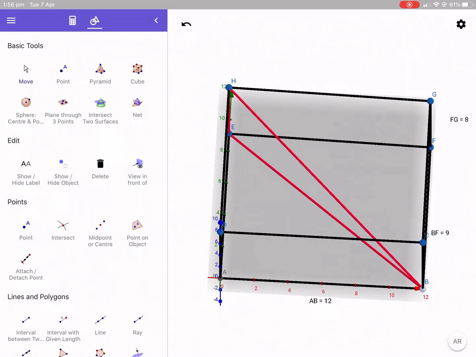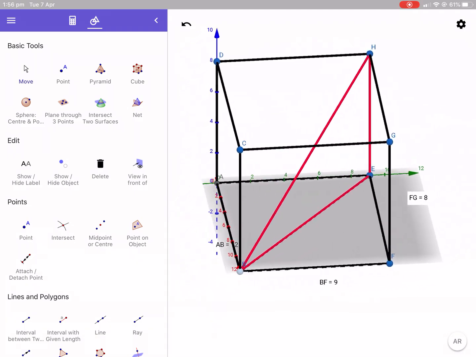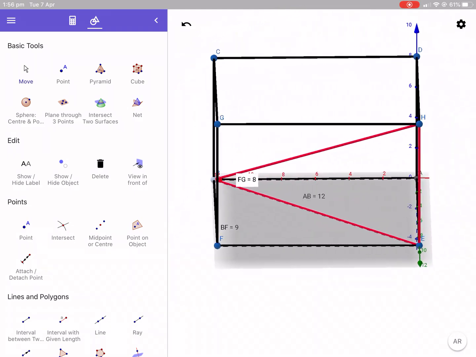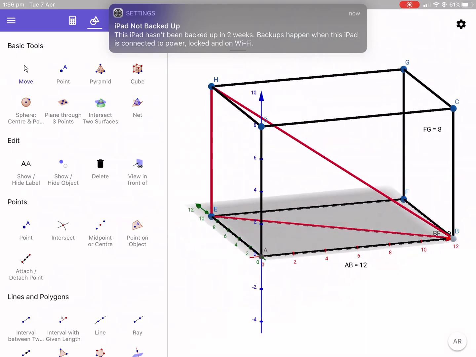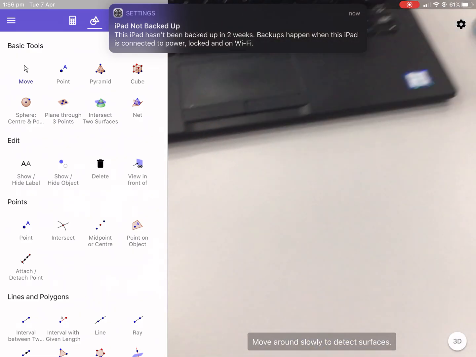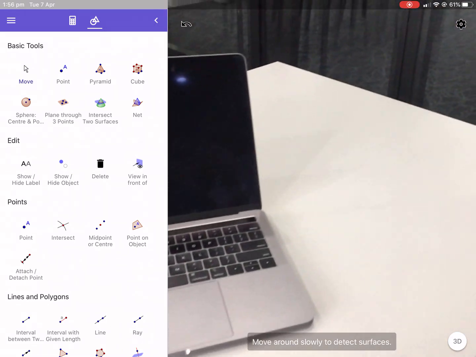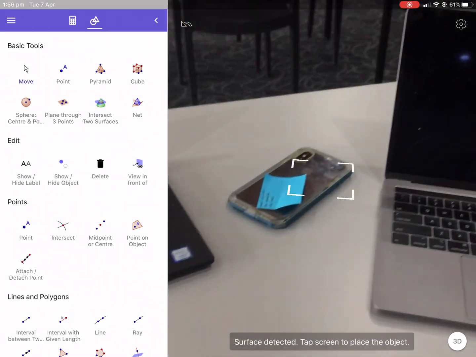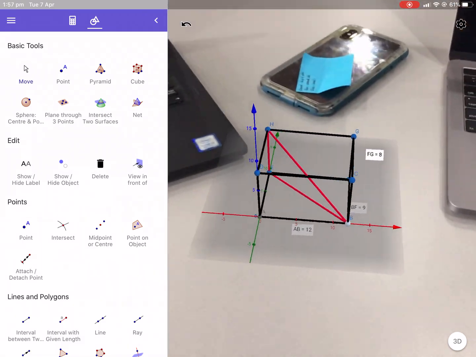I want to go back to this. This took me such a long time to figure out. You know what else is cool about GeoGebra? I can put it there.